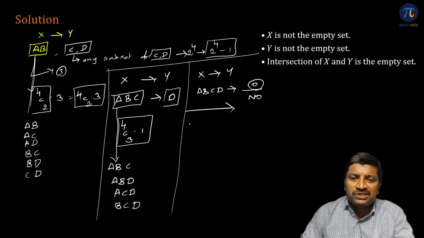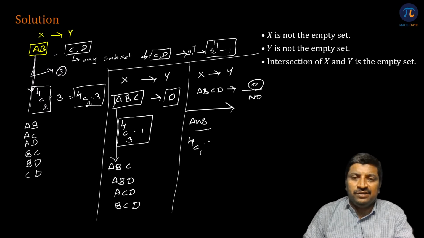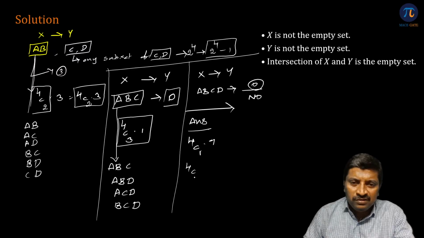What is the total answer? The first one, whenever I have one element on the left side, is 4C1 into 7. The second one, 4C2 into 3. The third one, 4C3 into 1.